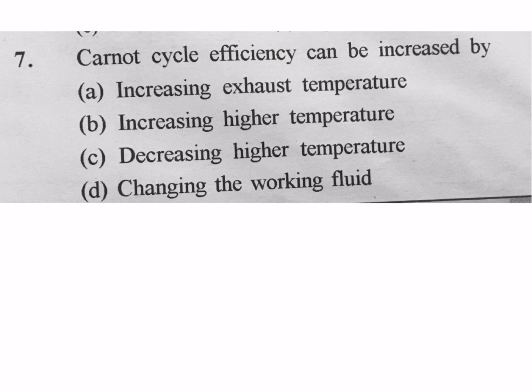Next question, Carnot cycle efficiency can be increased by. Already discussed, Carnot cycle efficiency is equal to 1 minus T minimum by T maximum. To increase efficiency, you have to reduce this term.